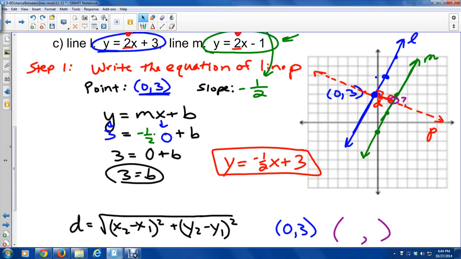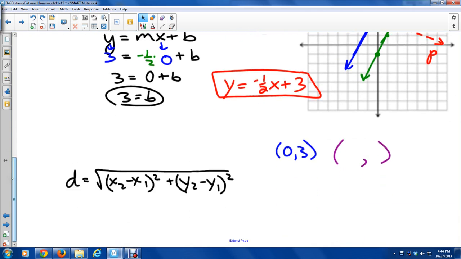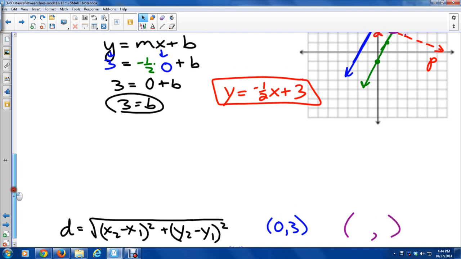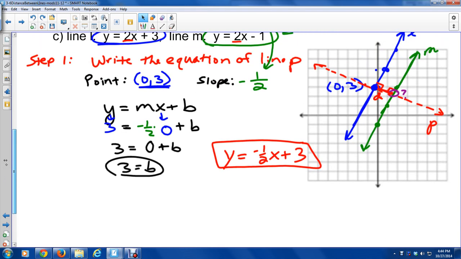Now, I can use my distance formula once I have 2 points. Right now, I still only have 1 point, but I'm on the road to finding my other point. I'm going to bump this down and come back to it. Before we can do that, I'm going to have to go back and use my 2 equations that I have and solve the system of equations to find the intersection point between line M and line P, which is the equation that I just got.